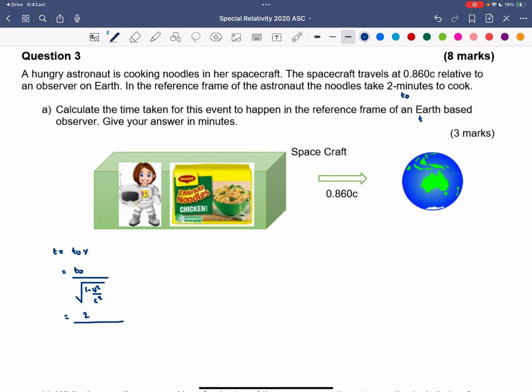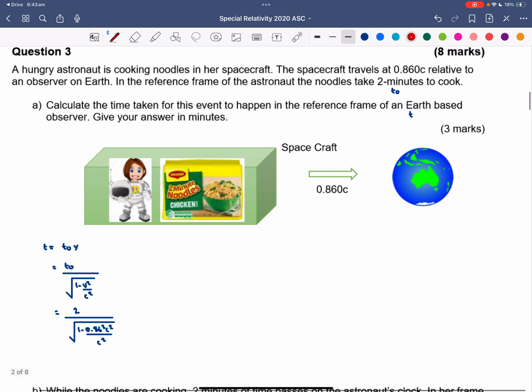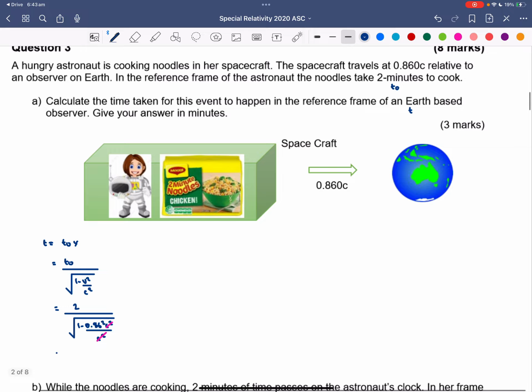So 2 minutes divided by root 1 take v, where the velocity was 0.86 c. So that's 0.86 squared c squared all over c squared. C squared crosses out. And that leaves us with 3.92 minutes.